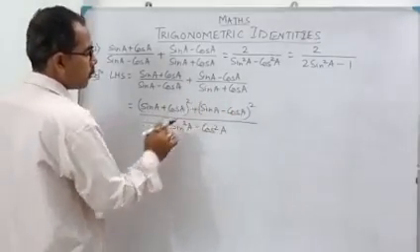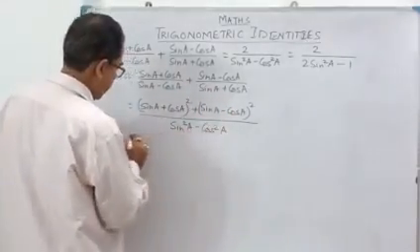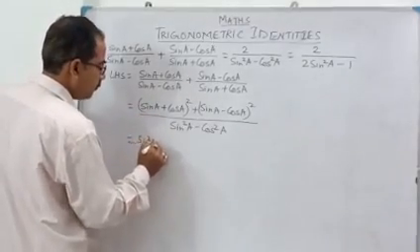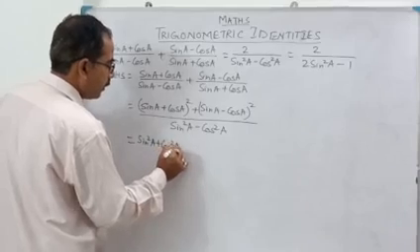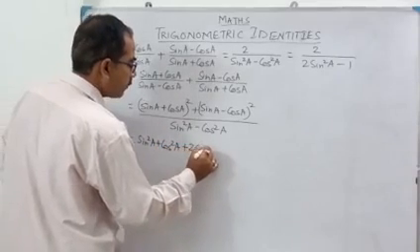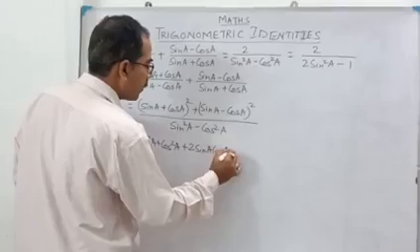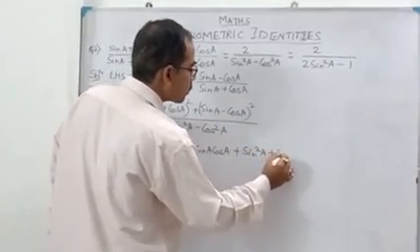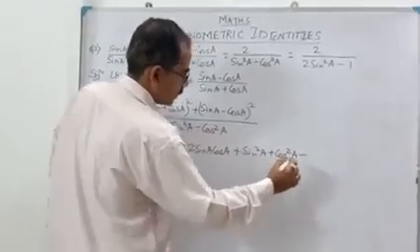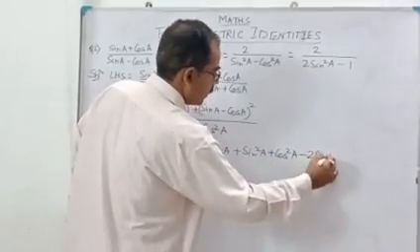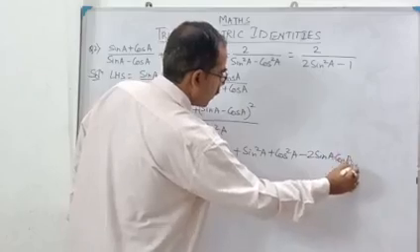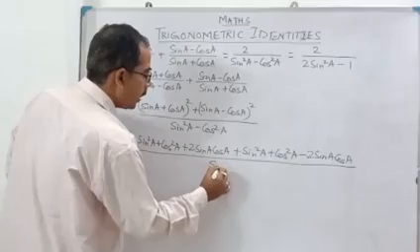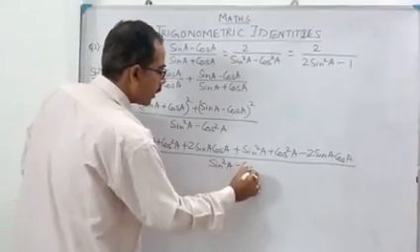Now if you break this one, what actually you are getting? Let us do over here, sin square A plus cos square A plus 2 sin A cos A plus again sin square A plus cos square A minus 2 sin A cos A whole divided by sin square A minus cos square A. Correct?